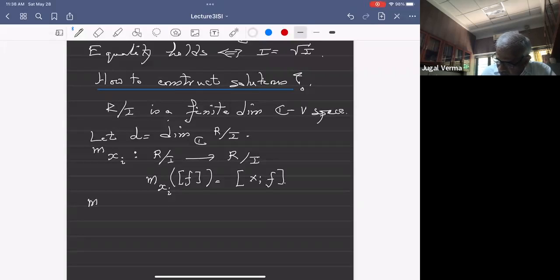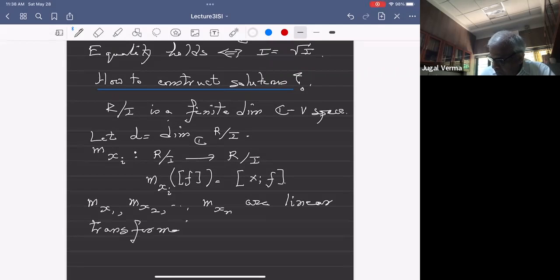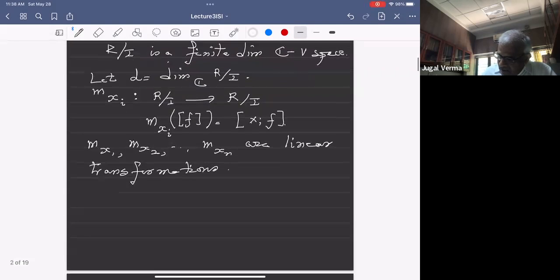And this MX1, MX2, and MXN are all linear transformations.